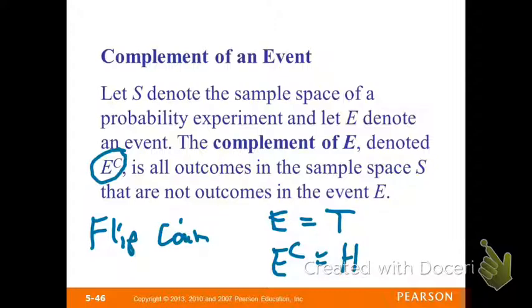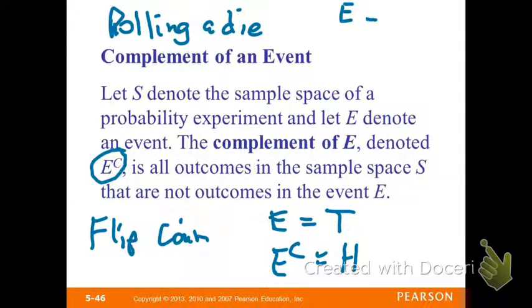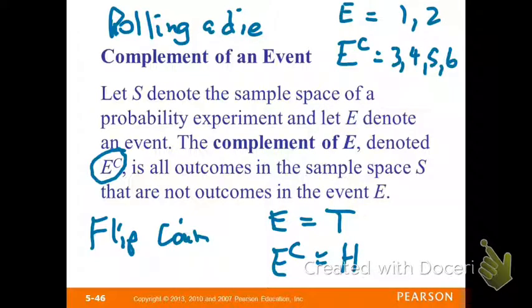Now, it's a little bit more complicated if we were talking about rolling a die. What are the options? If E is 1 or 2, rolling our die, then E complement would be what? E complement would be the remaining options, 3, 4, 5, or 6.